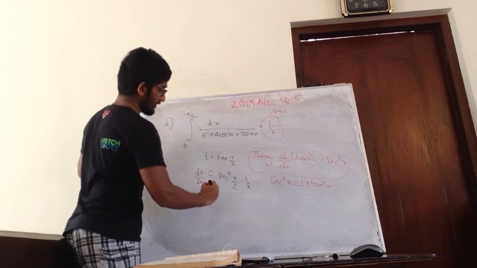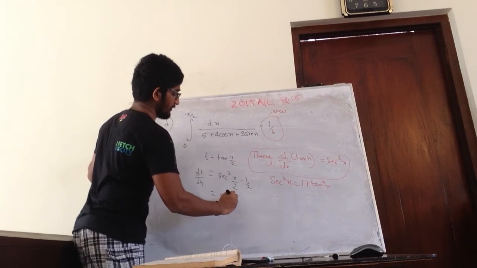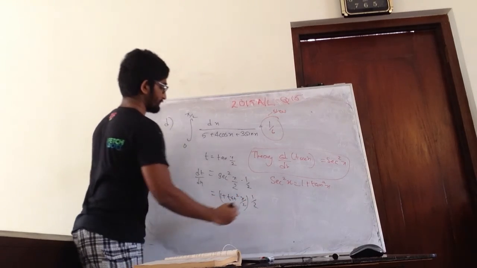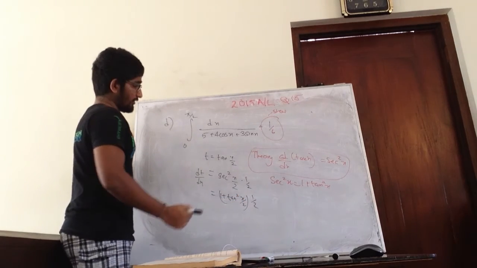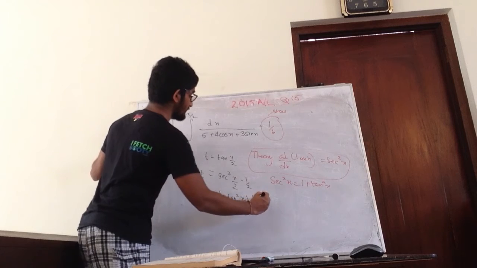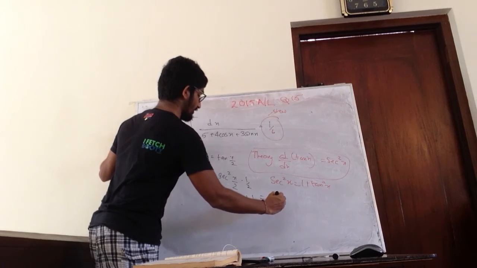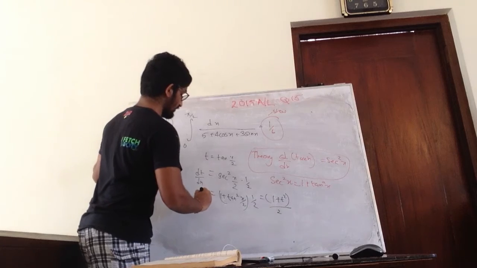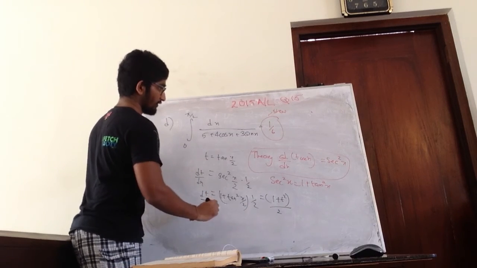Right? Then this can be written as 1 plus tan squared of x over 2. So here I can actually write this as 1 plus t squared over 2 is dt over dx. Right?